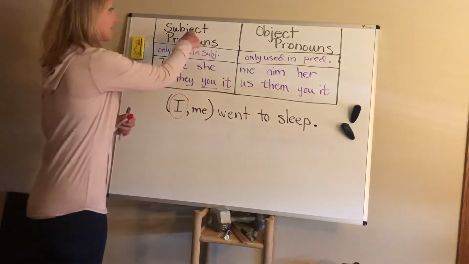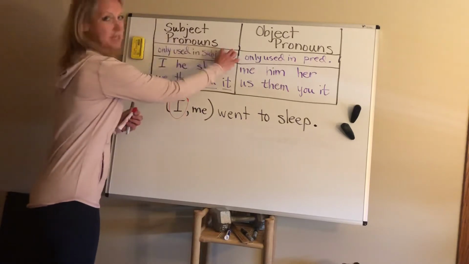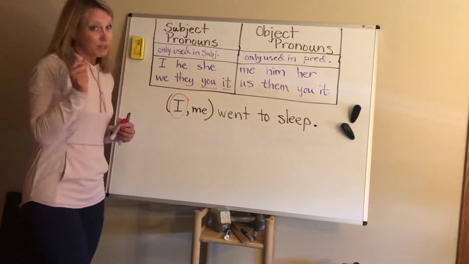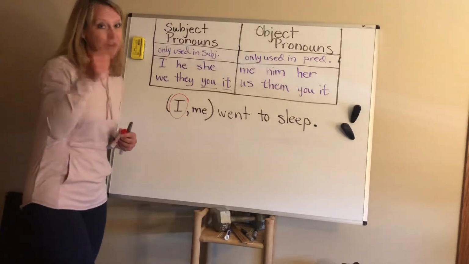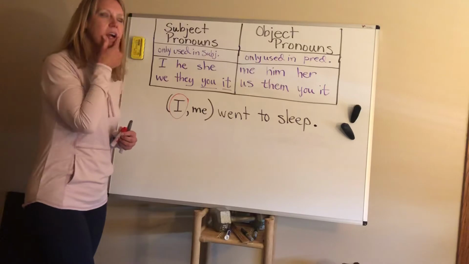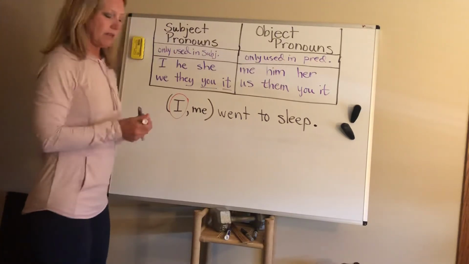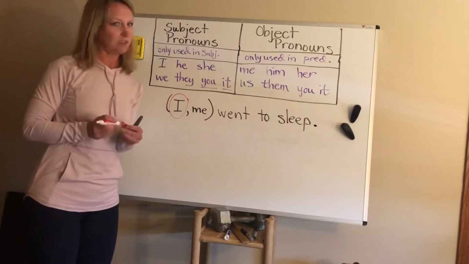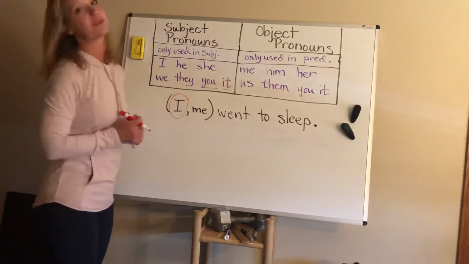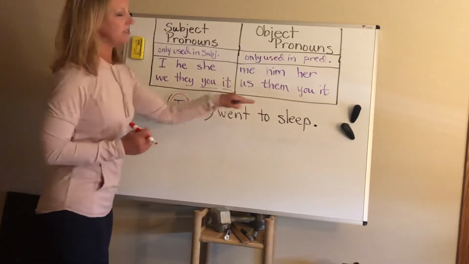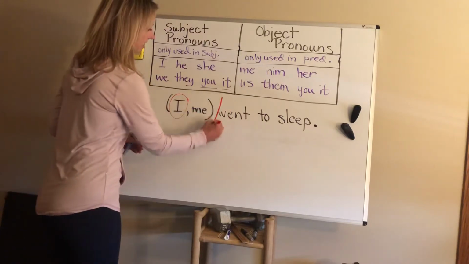Now remember about where the word I is, on what side, and what that means. The word I, remember, can only be used in the subject of the sentence. So now you're probably thinking, oh, I could probably tell them this reason. Now, remember where the slash mark goes. Taught you this a long time ago. I know that you know where to put the slash mark in this sentence. I went to sleep. You would separate your subject from your predicate right here.